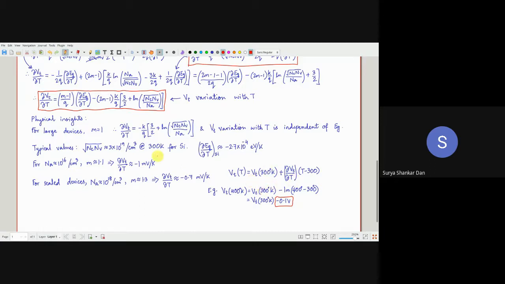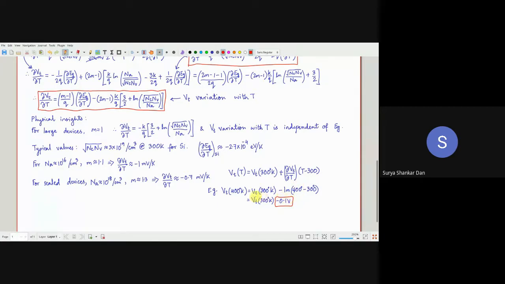Then, if I even consider the most robust one, minus 1 millivolt per Kelvin, then this will be minus 1 millivolt times (400 minus 300), which is 100. So 100 into 1 millivolt is how much? 0.1 volts, right?